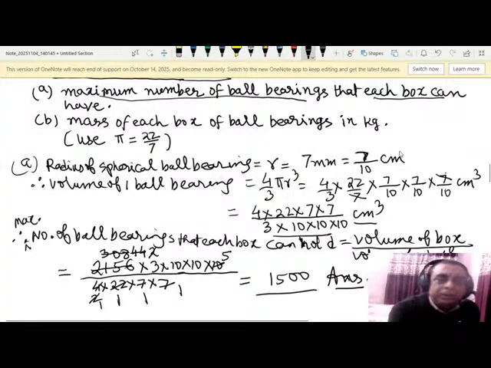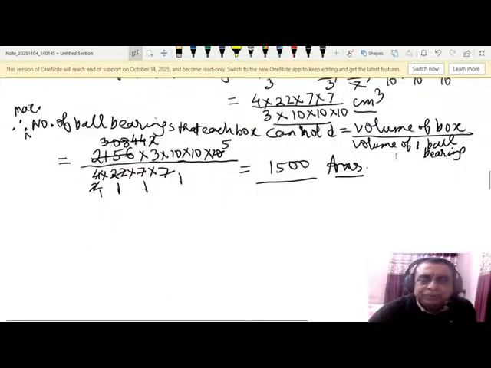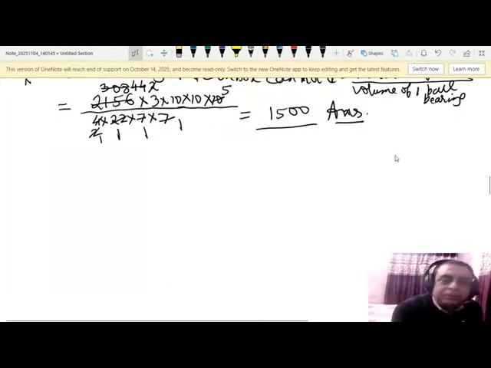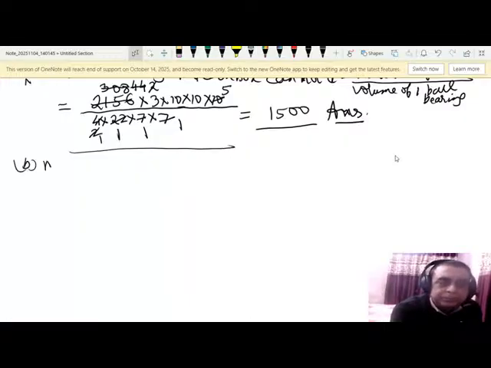Now B part. The mass of each box of ball bearings in kilogram we are asked. Now the mass of one ball bearing. So the mass of one ball bearing is how much?